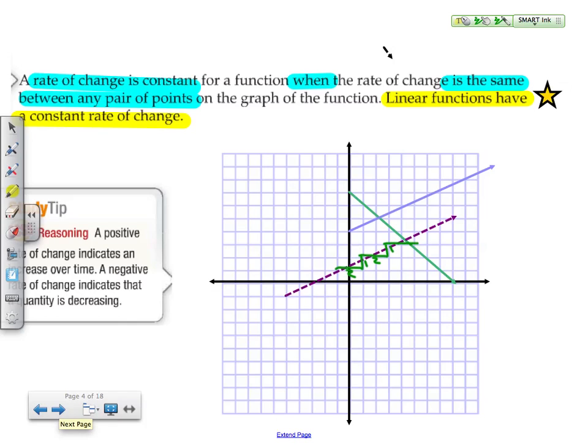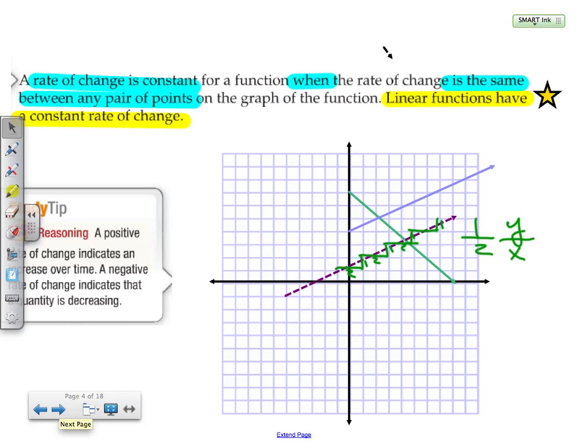If I go over 2, I go up 1. If I go over 2, I'm up 1. That's a little bit off on the projection with the graph, but you can see that that's basically true. How far you go over stays consistent and is at the same ratio of 1 to 2. This is the y, how far you're going up, and this is the x, how far you're going over. So all linear functions have a constant rate of change.